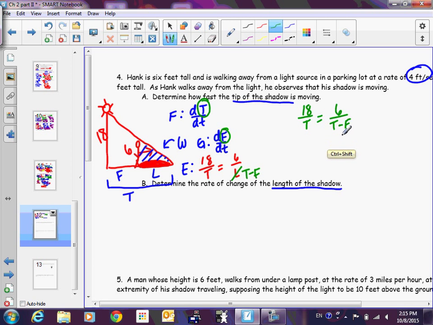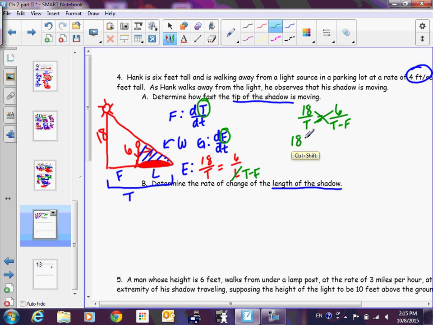I could take the derivative right now, but what would I have to do? Quotient rule. If there's no way to get out of the quotient rule, no big deal, but I can actually make this a lot easier. I'm going to cross multiply. What I'm doing now is not because I have to, it's because it makes things easier.